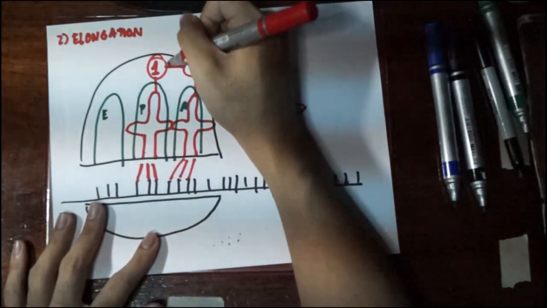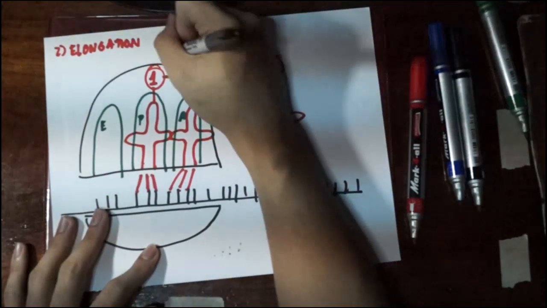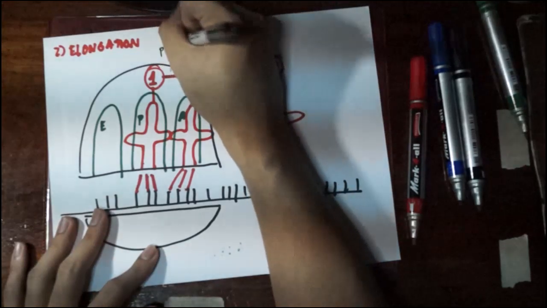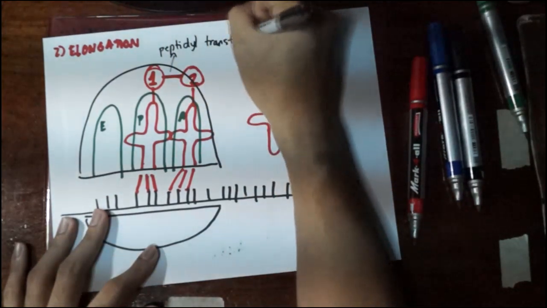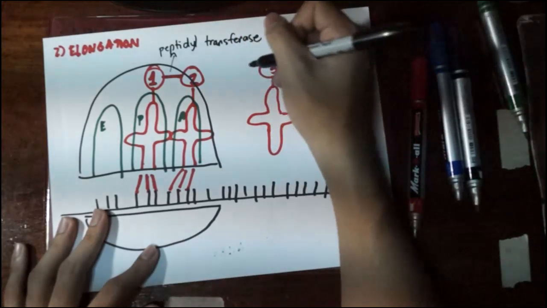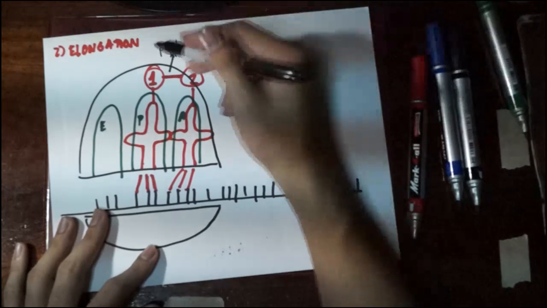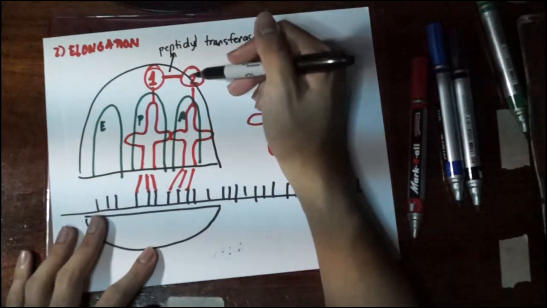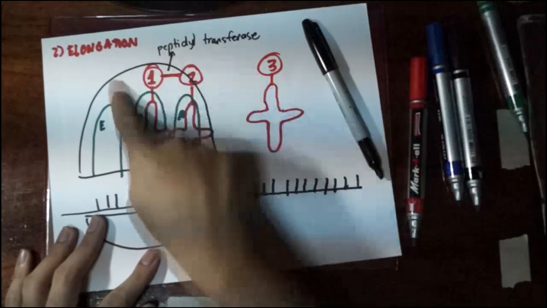Now, there will be a peptide bond formed between this using a particular enzyme. And the name of the enzyme is peptidyl transferase. So, here, the first and the second amino acids are combined. And after this, now you have a dipeptide.